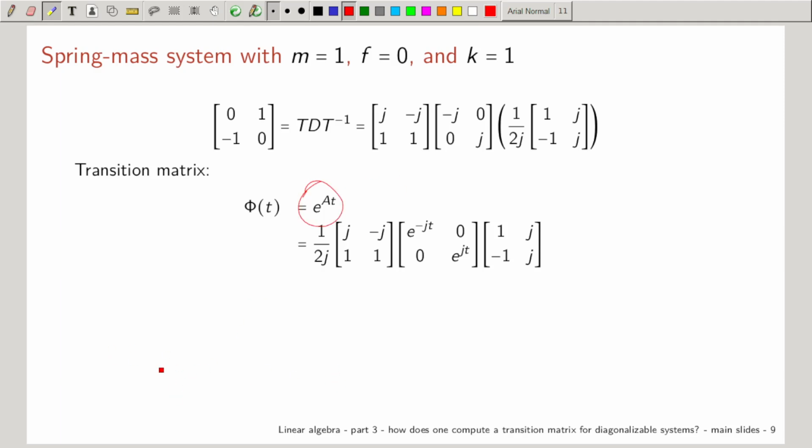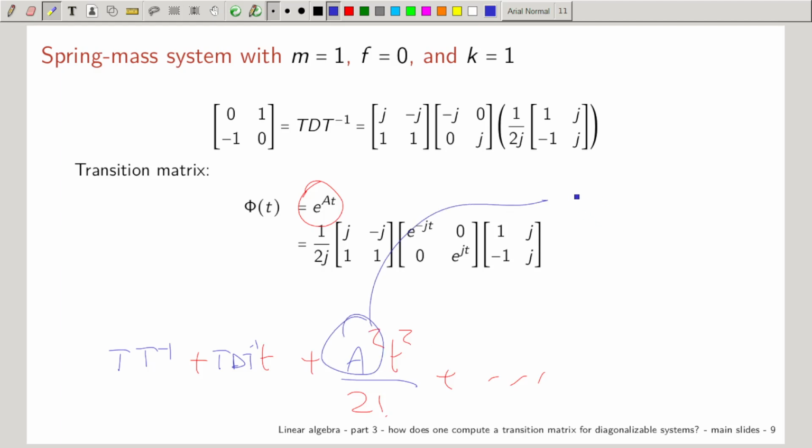This one is equal to identity plus At plus A squared t squared over 2 factorial plus etc. True? Then, perfect. This one is going to be T D T^(-1). Let's do it in a better way. This is going to be T D T^(-1) times T D T^(-1).